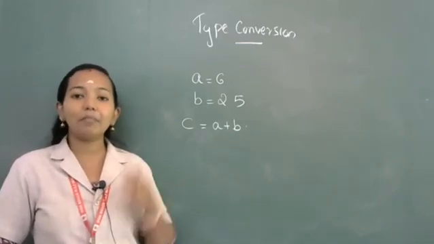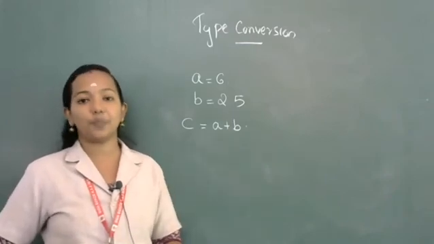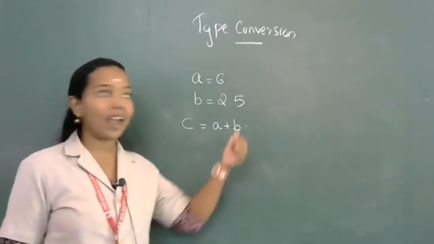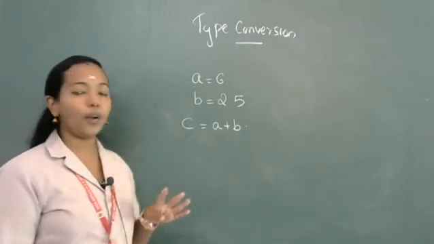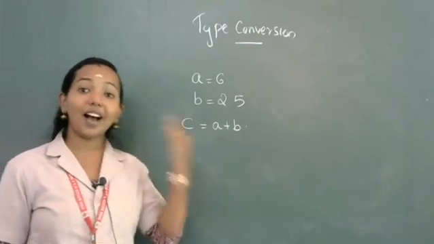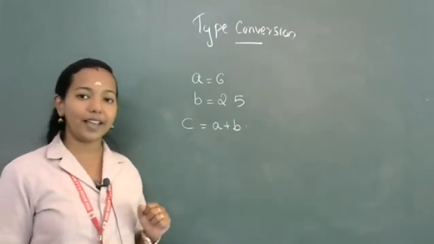That means the compiler will convert the data type to the higher level of the expression. Here we have an integer and a fractional number. Integer requires 4 bytes of memory, float requires 4 bytes of memory, but floating point is higher than integer.